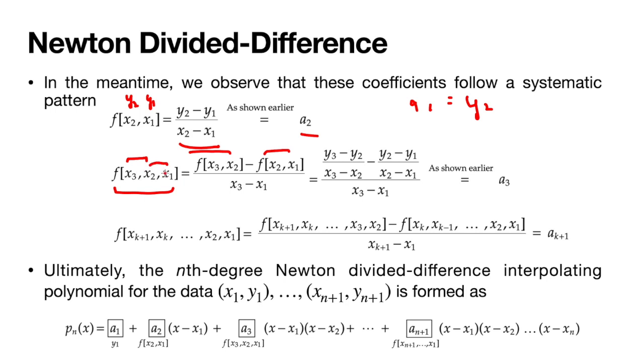So there is a common pattern here. If we calculate this one, it is y3 minus y2 over x3 minus x2, and similarly this one is y2 minus y1 over x2 minus x1. So we have seen the common trend here.